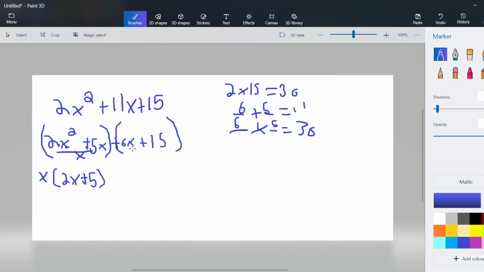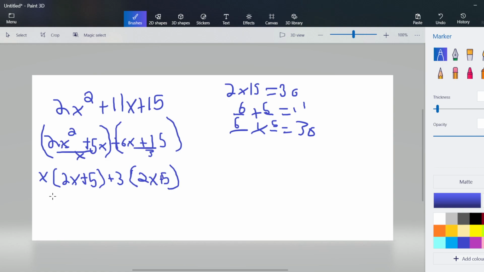Over here, we have 6x plus 15. Our common term here would be 3. So we put 3 here. This would be 2x, and then this would be plus 5.